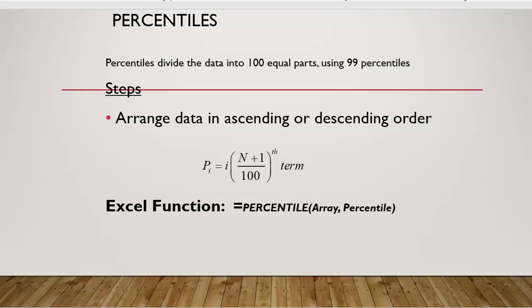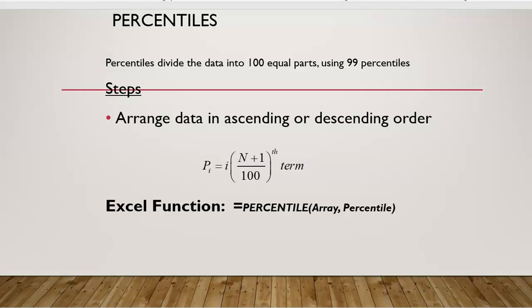Now as the name suggests, percentile means per cent, that is, out of 100. Percentiles divide the data into 100 equal parts. So we have P1 to P99, a total of 99 percentiles, and this is the general formula for calculating the percentiles: Pi is i into (n plus 1) by 100th item. Here i is what?